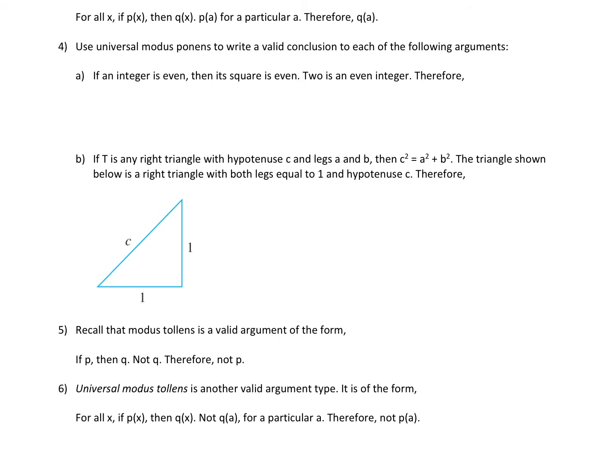If an integer is even, then its square is even. 2 is an even integer, therefore 2 squared, which is 4, is even. And if T is any right triangle with hypotenuse C and legs A and B, then C squared equals A squared plus B squared.